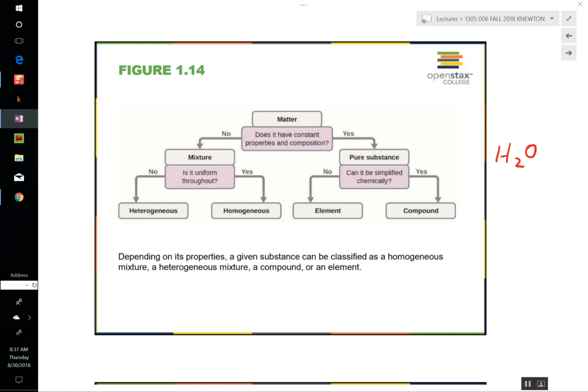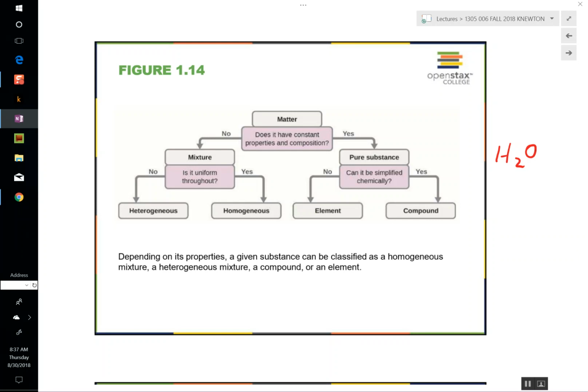Yes, there are subatomic particles in there, but breaking up the nucleus of those things is a nuclear reaction, not a chemical reaction. So once I get to hydrogen and oxygen, I have broken it down into its elements, and the elements can't be chemically simplified any further.